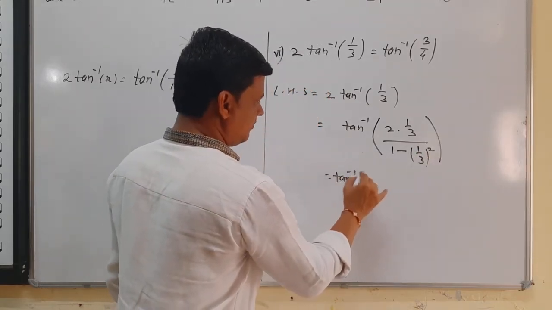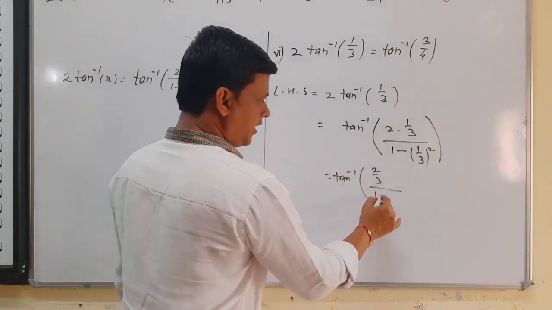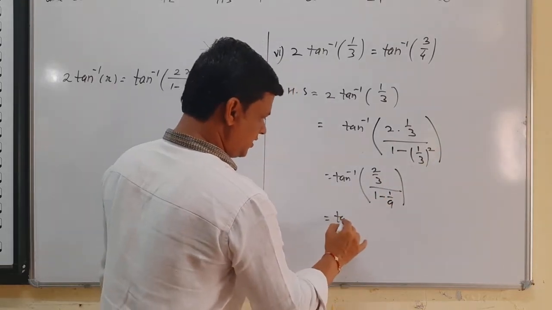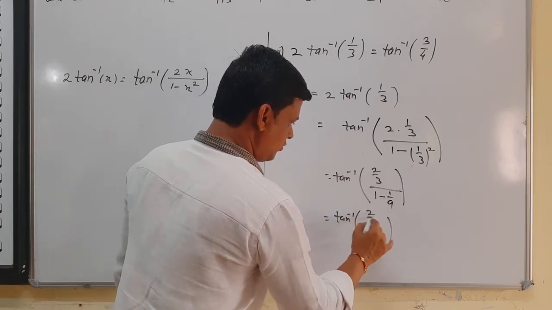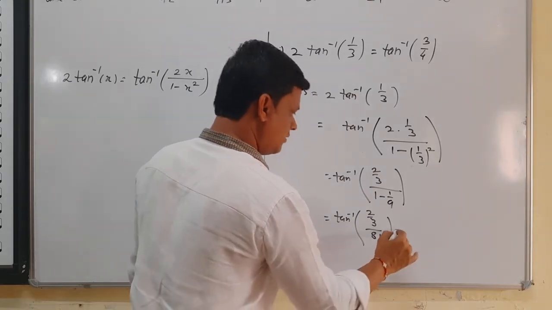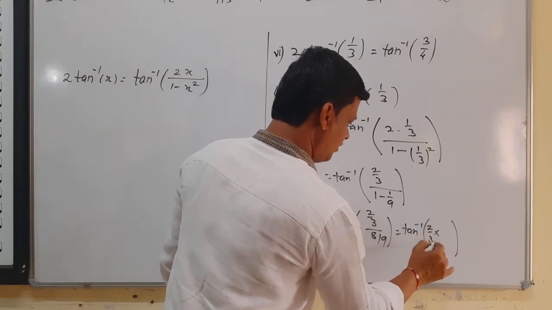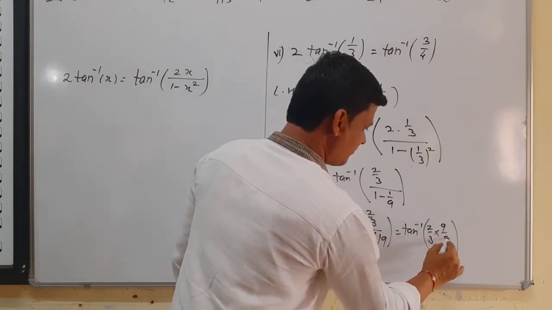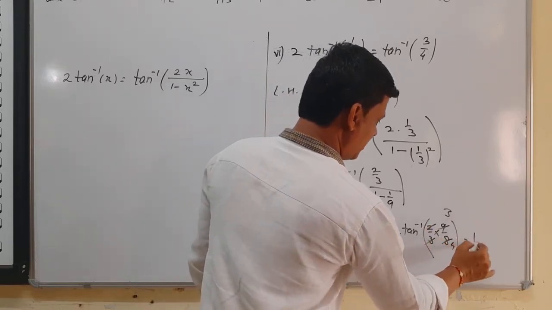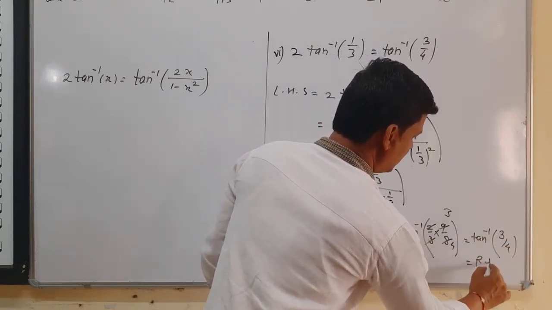After simplifying we get 2 by 3 in the numerator, and in the denominator we get 1 minus, after squaring, 1 by 9. So this is tan inverse of 2 by 3 upon, after cross multiplying, 8 by 9, which is equal to tan inverse of 2 by 3 into 9 by 8. After simplifying we get 3 3 is 9, 2 4 is 8, that is equal to tan inverse of 3 by 4, which is RHS.